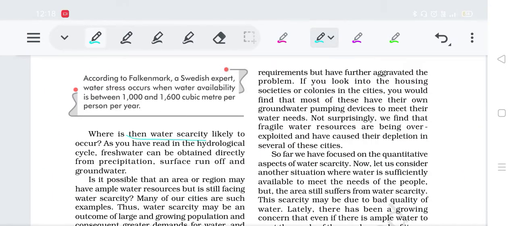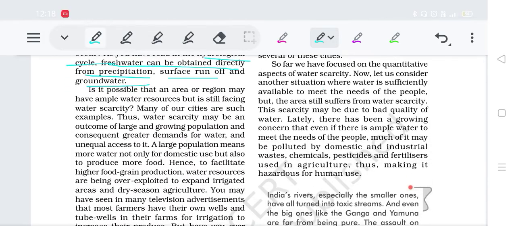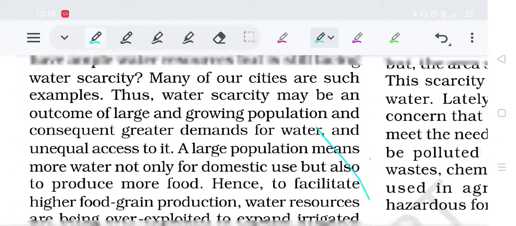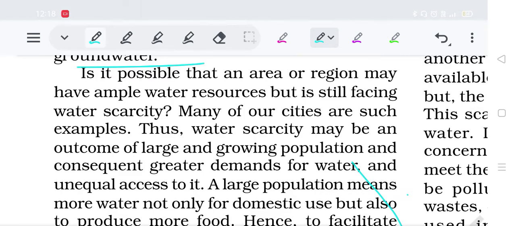Where is water scarcity likely to occur? You have read in the hydrological cycle that fresh water can be distributed directly through precipitation, surface runoff or groundwater. So they are asking, we have already studied how we get fresh water: from precipitation, surface runoff meaning rivers, and also groundwater, which is 30%. Then, is it possible that an area or region may have ample water but still face water scarcity?